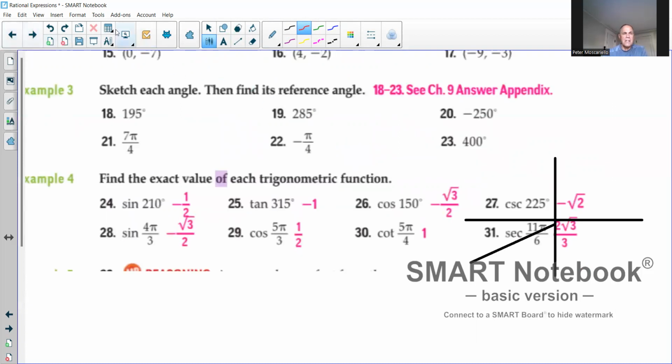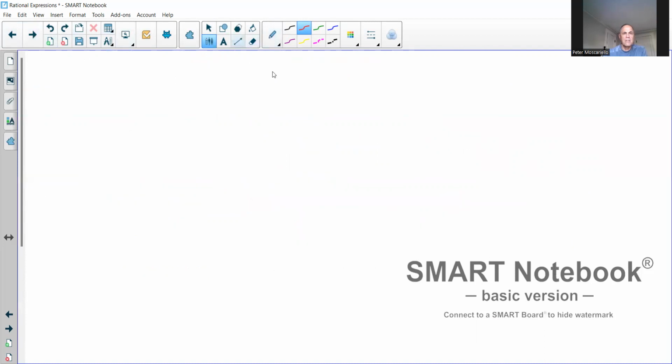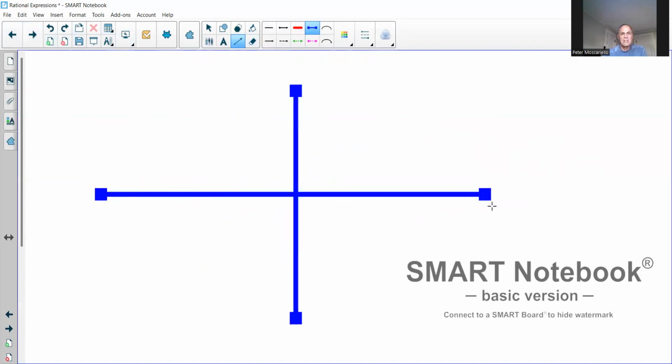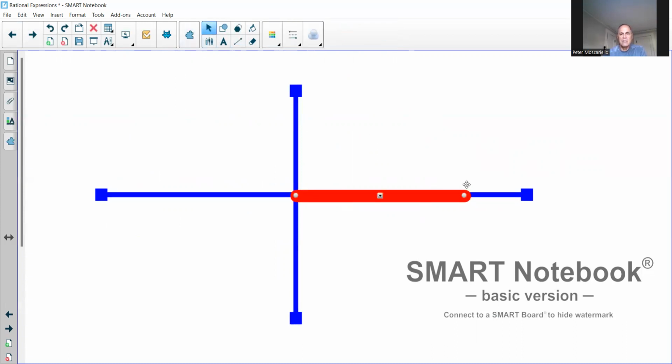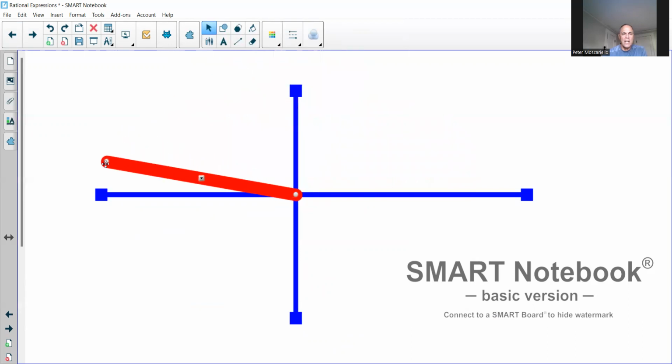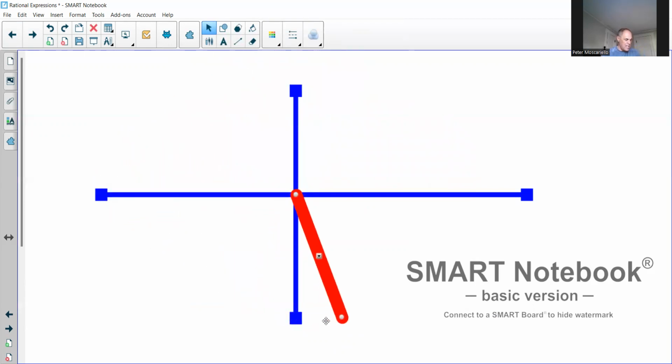How about 285? All right, let's start with this big red one. And let's rotate it to 285. 90, 180, 270, a little bit more to get to 285. So what do we got? 270.